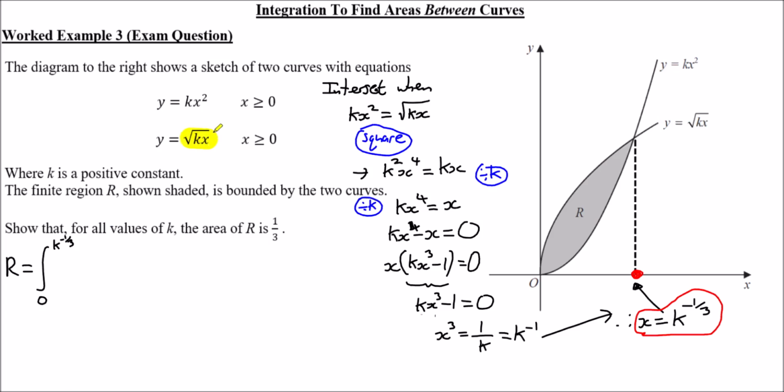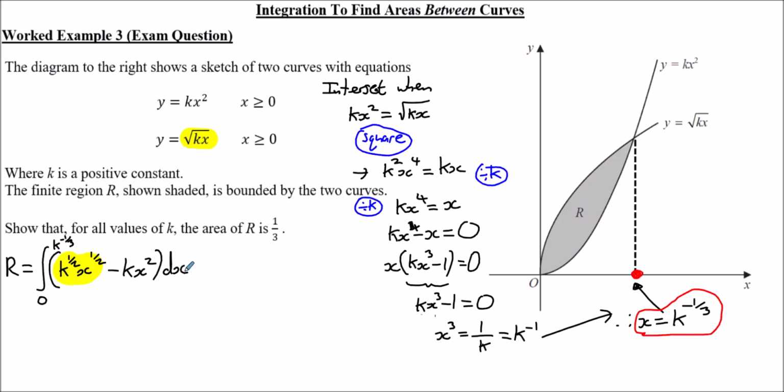So root kx, I'm just going to put as k to the half, x to the half. So it's going to be that minus kx squared, with respect to x.